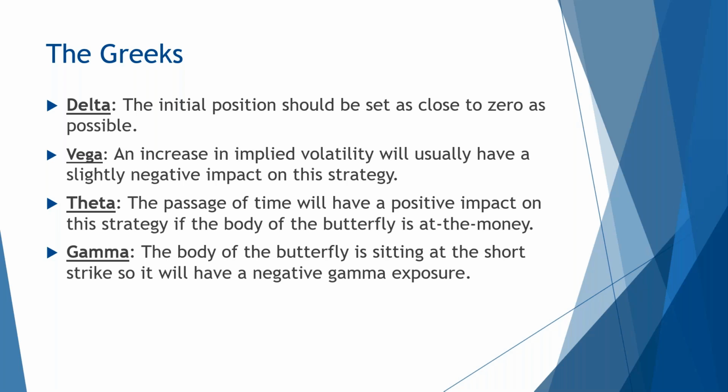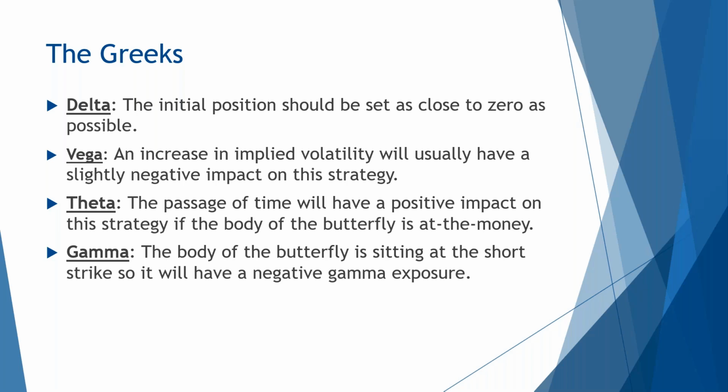But if we're incorrect in our analysis and price starts to move towards our outer strikes, actually a rise in implied volatility might help us out, maybe even lower our losses, maybe even get to a small profitability. But we'll look at that example in a moment.